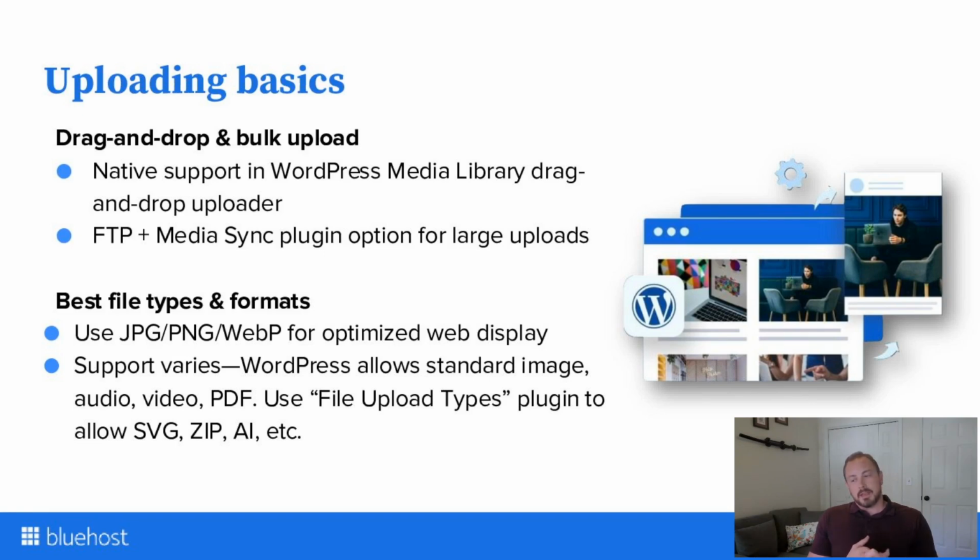If you have more photographic type images, those should be JPEGs, whereas screenshots or logos or things that have sharper edges, PNG is better at. But now we have WebP, which is kind of a best of both worlds, right?